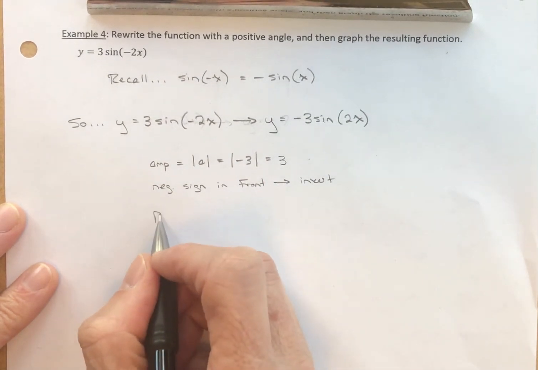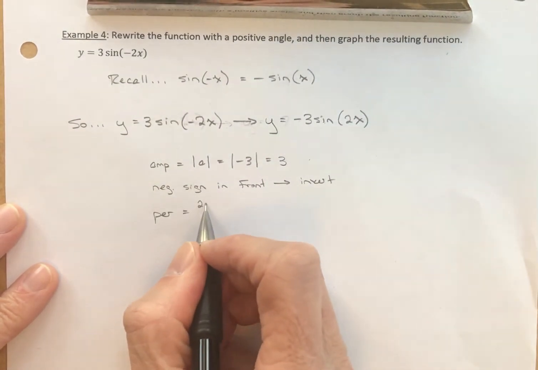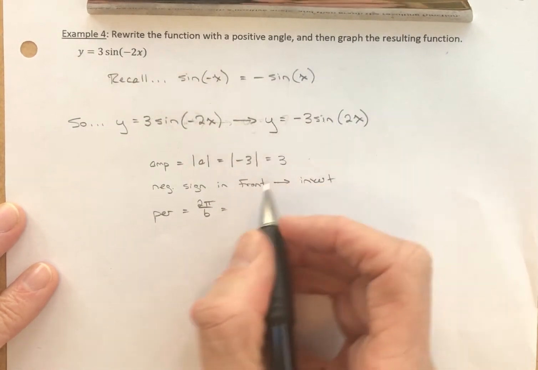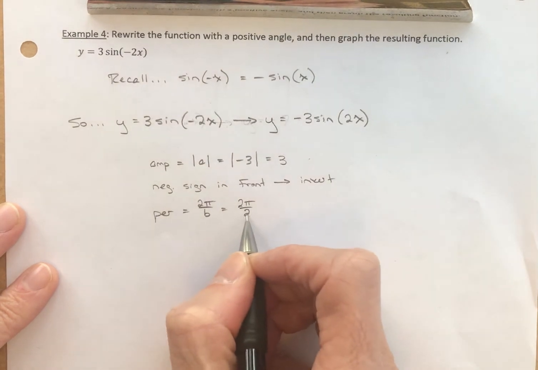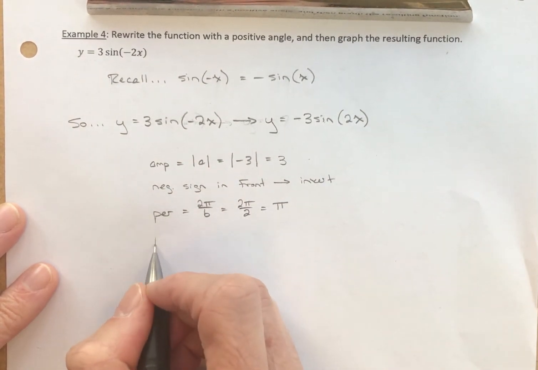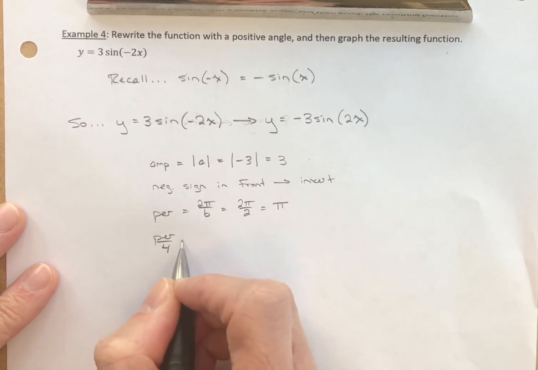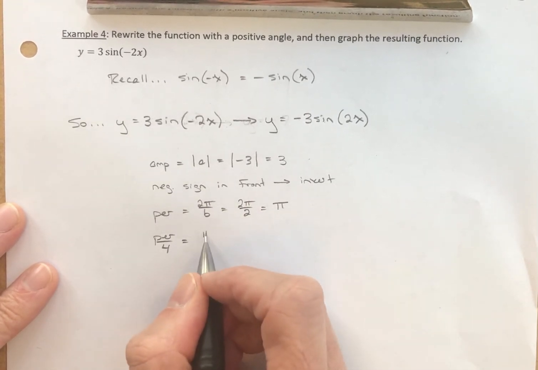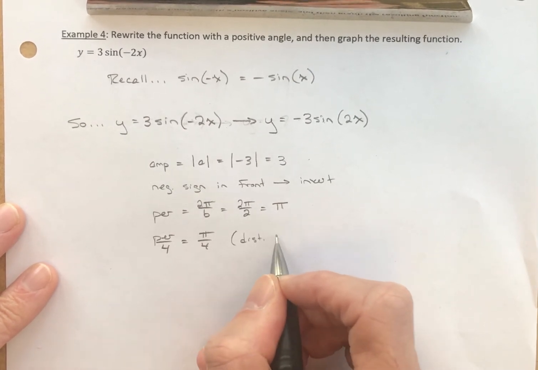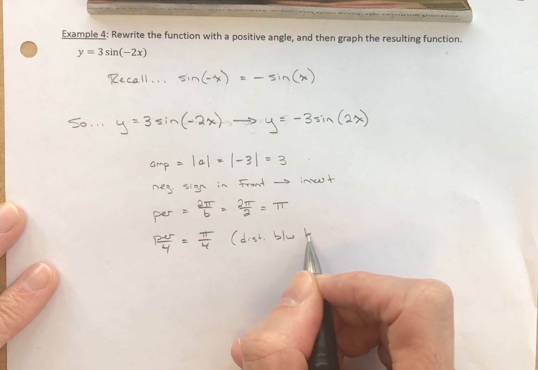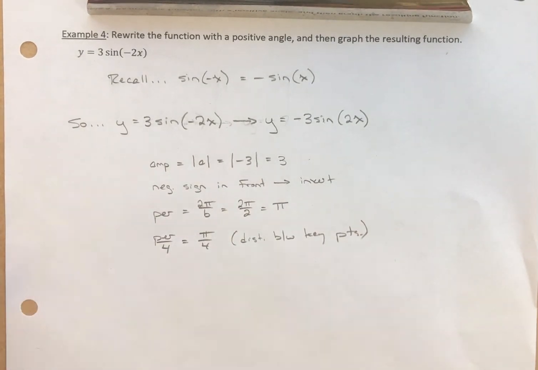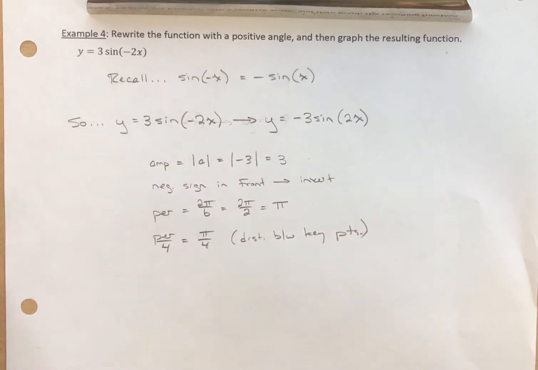We know the period is equal to 2 pi over b. What is b? b is 2. So 2 pi over 2, which equals pi. And we know that the period divided by 4, pi divided by 4, is the distance between the key points. We have 5 key points we know about.